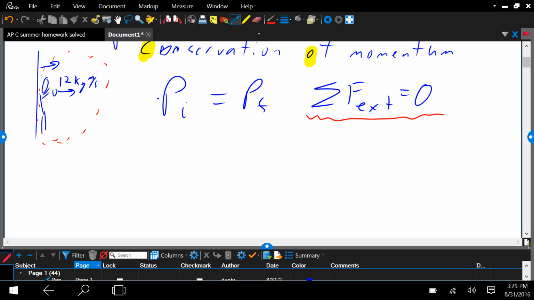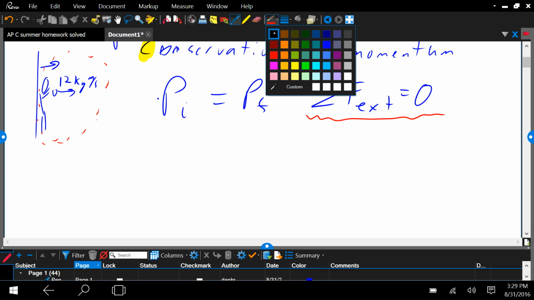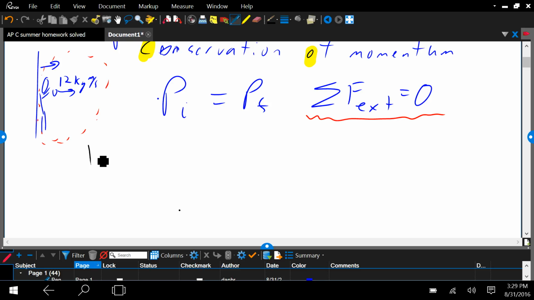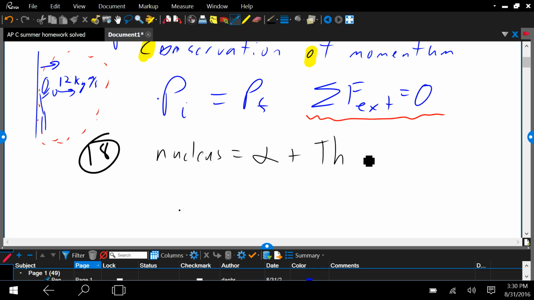Now to number 18, and looking at the problem. It's very similar to conservation of energy in its idea. So we look at the momentum beforehand, and we have a nucleus. Then afterward we have an alpha particle plus a thorium nucleus.